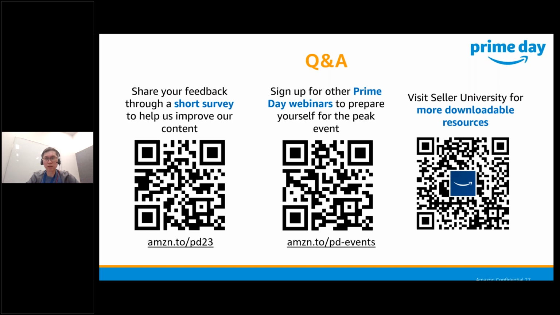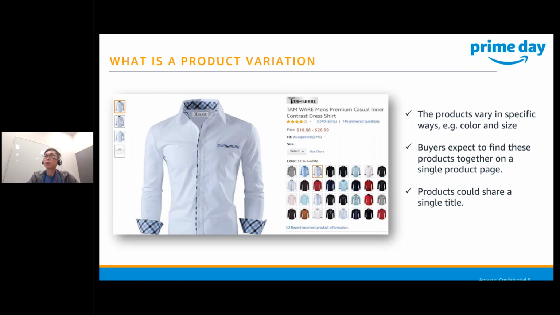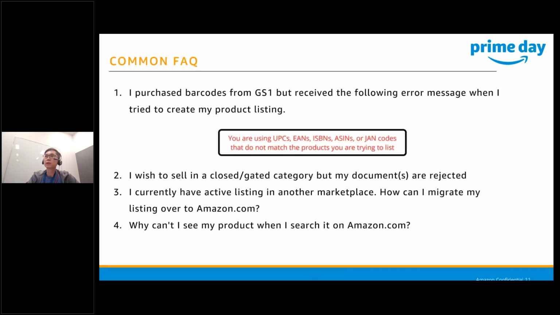If I'm not wrong, at the start of the slides I shared there is a tool that you can use to migrate the listings. Let me go back to the front. Yep, in the common FAQ, point number 3.